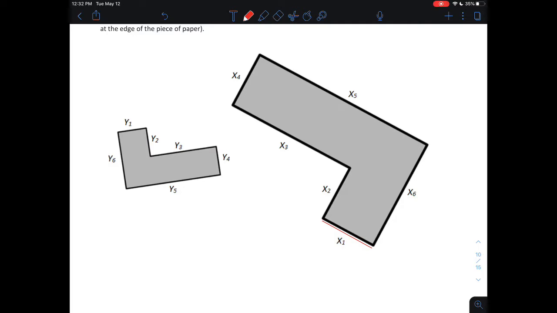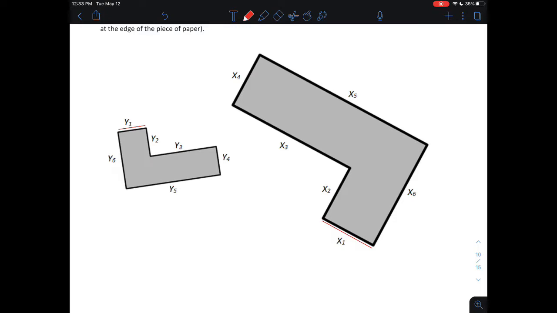And that is corresponding to the side Y1 on polygon Y. And I'm going to draw a red line there. You can imagine that these correspond to each other because imagine picking up polygon Y and rotating it, maybe 180 degrees. Then you could lay it on top of polygon X and you'd see the sides that are corresponding to each other. This is the idea of just matching shapes to each other.